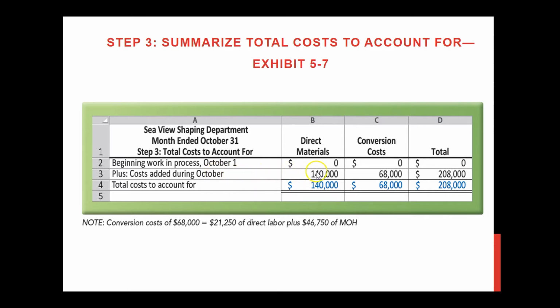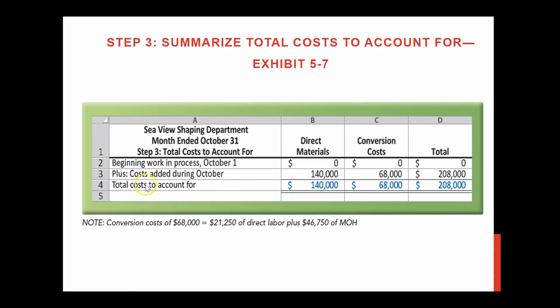The total direct material costs for all those units are $140,000. So we are adding the costs added during October, and the conversion costs were $68,000. Remember, conversion cost means direct labor and manufacturing overhead costs.